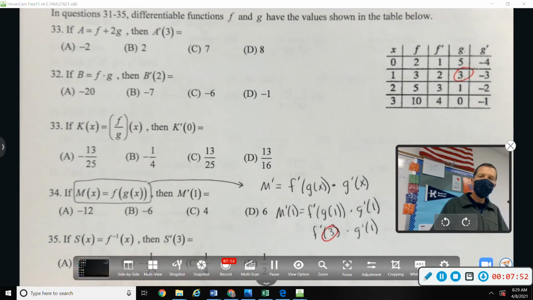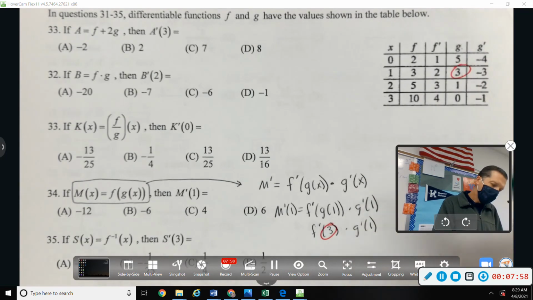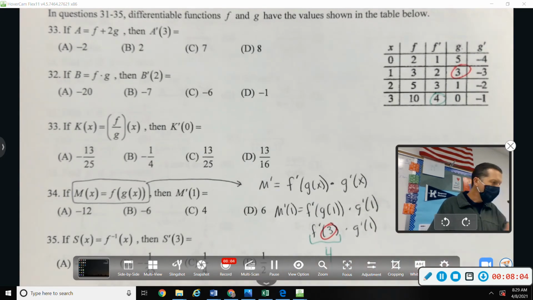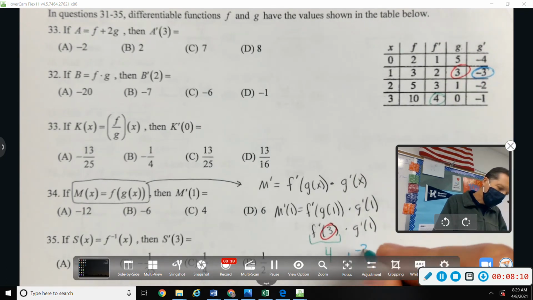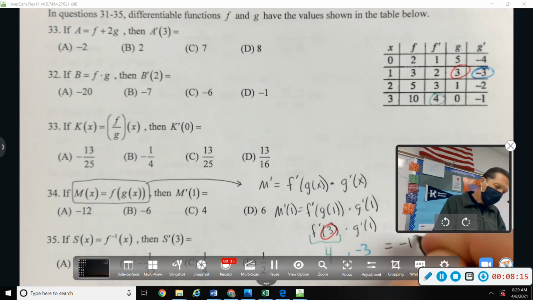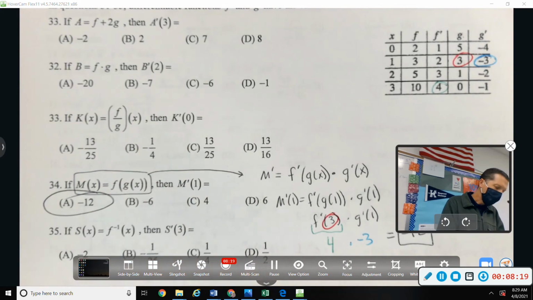That's where that 3 came from. F prime of 3. So f prime at 3 is 4. And g prime of 1 is negative 3. And so my answer, I hope, is negative 12. And yeah, that's one of the choices.